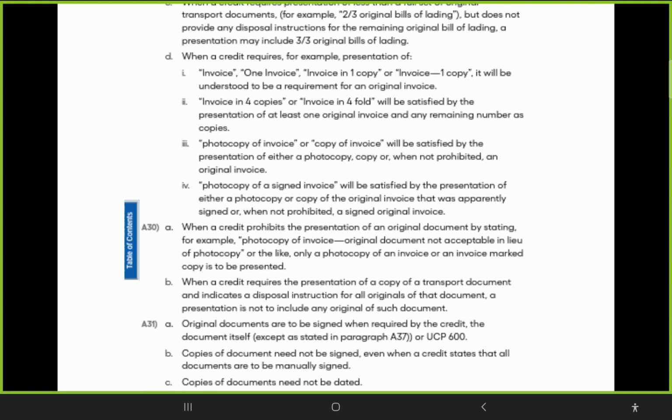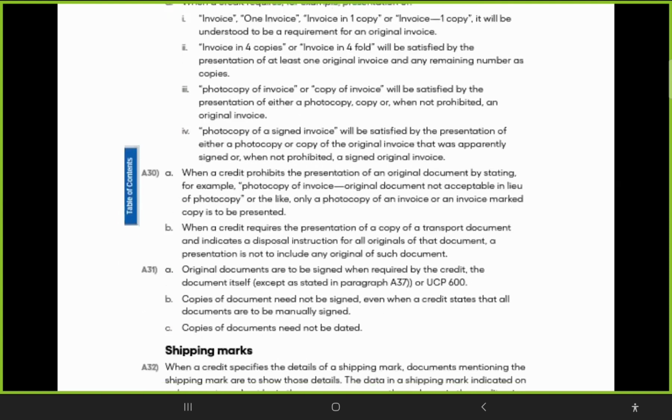Because at times they will only issue this document in one original, and they will already have a need for that one original to be sent somewhere. For example, directly from the beneficiary to the applicant without using the bank's channel. So if that is the case, they already know that only photocopy is to be presented. So they wanted to avoid any originals to be presented. So that's why they will also add this condition restricting the original to be presented.